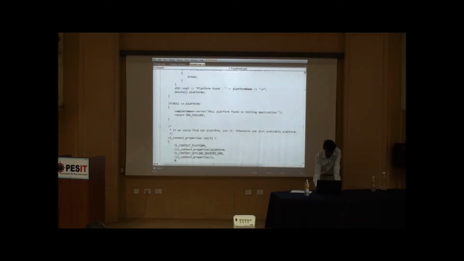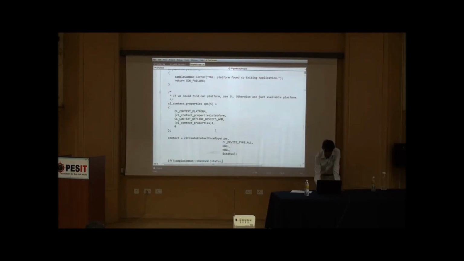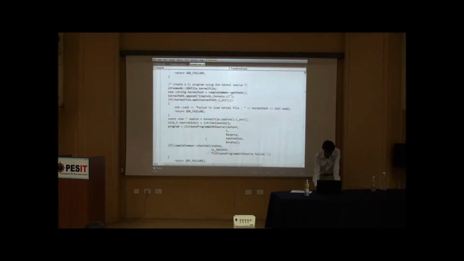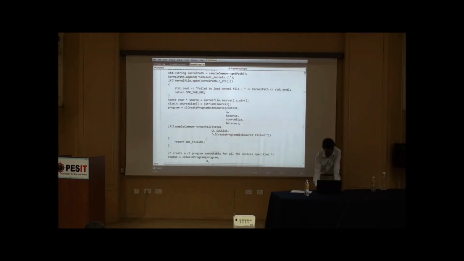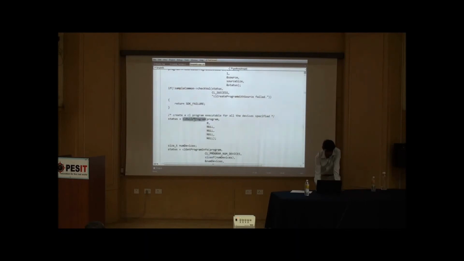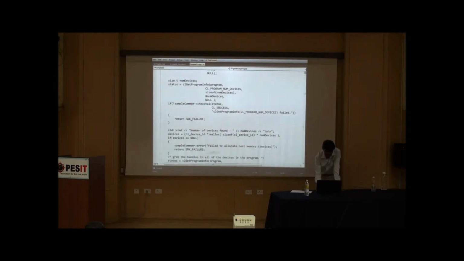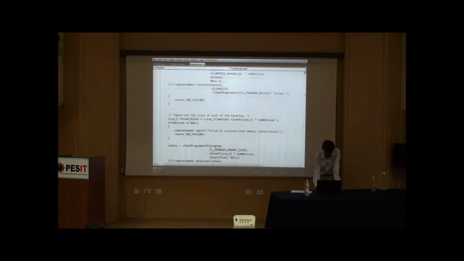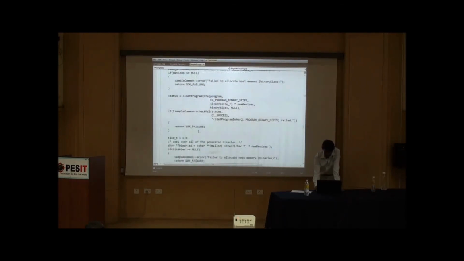Once done, what is the next step we are supposed to do? Create a context. So that's what we are doing here. Then once the context is created, create program with source, build the program, CL build program, and get the program information. Then what is the next step you have to do when everything is ready? Dispatch to where? Command queues.